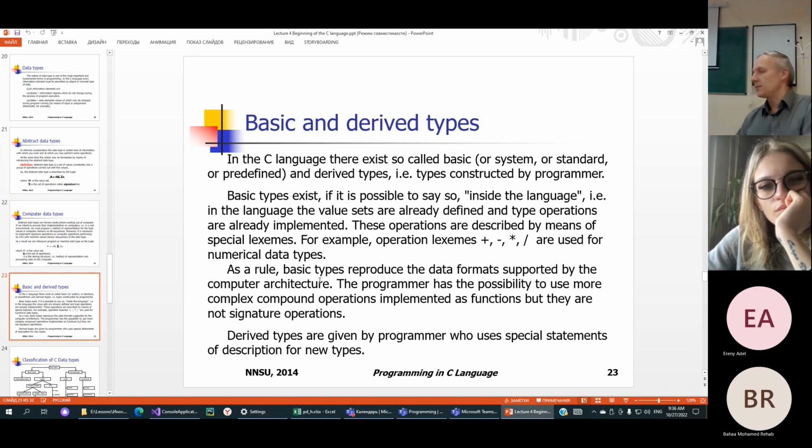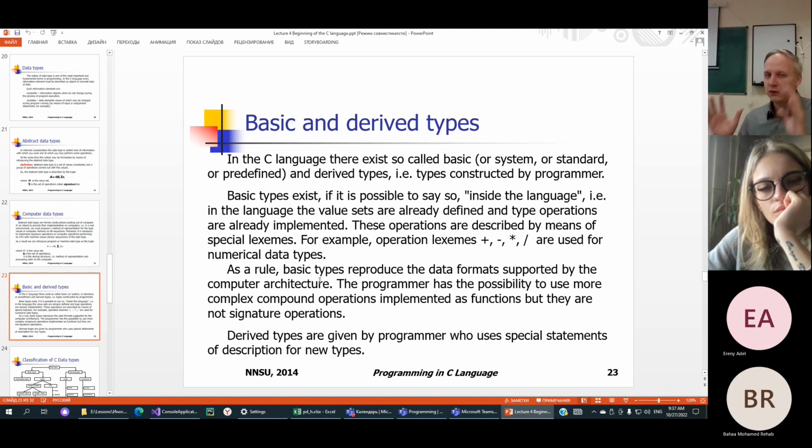One set of data types is already defined in C, and other data types can be constructed by programmer manually. The basic data types already exist.